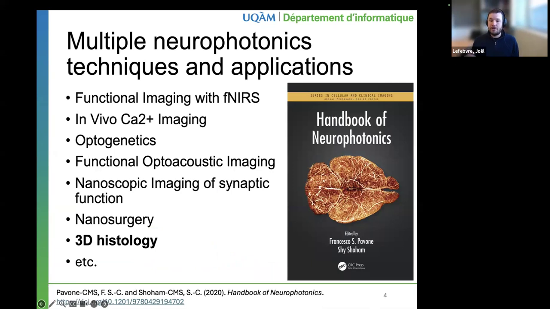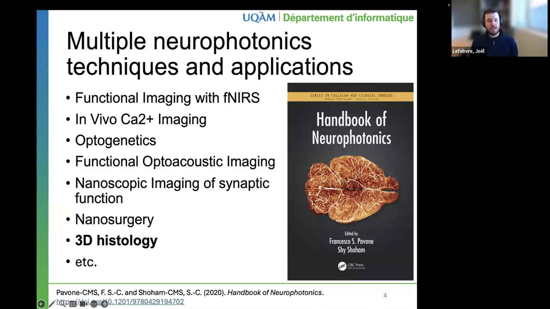There are a lot of neurophotonics techniques, and here is just a summary; I didn't cover everything. We can use neurophotonics, for example, to do functional imaging with fNIRS. With fNIRS, we use near-infrared light with sensors we put on the head, and we can infer the brain activity from the change in the blood at the surface of the brain. We can also map the neuronal activity with calcium imaging, where we can see individual neurons light up and follow what is happening at the circuit level.